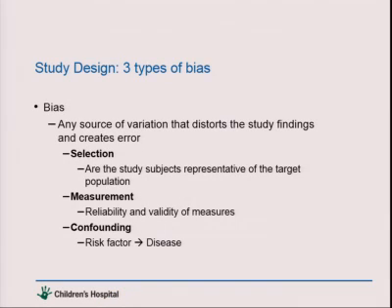And so bias is what affects your validity. There are 3 flavors of bias. Selection bias, where you're not selecting the right subjects, or the subjects that you're selecting are not actually representative of the target population. Measurement bias, which is not just necessarily the test you're using, but also observational bias by the investigators themselves. And then confounding.